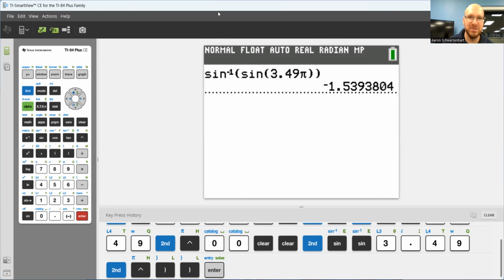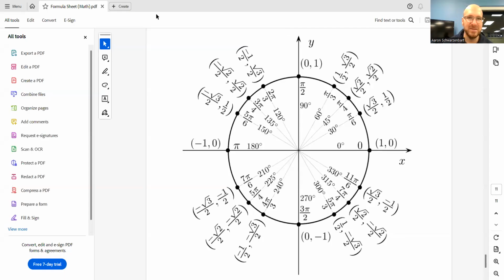Inverse cosine looks pretty similar. Let's go back to the unit circle here. So we notice that our sines were the same in quadrants 1 and 2. Our cosines are the same in quadrants 1 and 4.